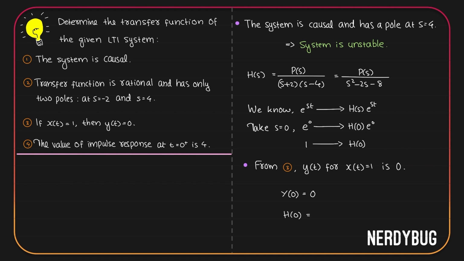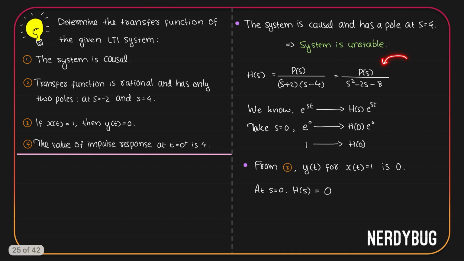Now, H(0) is the ratio of Y(0) and X(0). X(t) here is 1, so obviously X(0), the Laplace transform, is not going to be 0. This is not of the form 0 by 0. So we can conclude that at s equal to 0, H(s) is equal to 0, which means s equal to 0 is a zero of the transfer function.